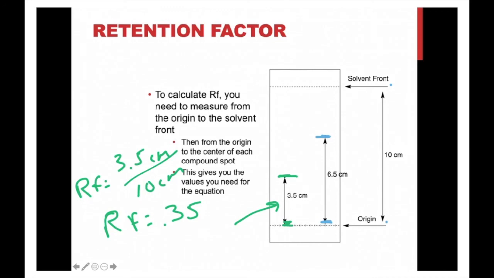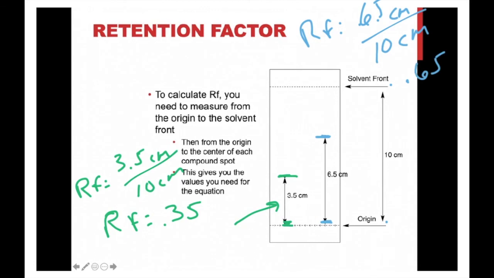RF is a unitless number because both numbers are in centimeters. Those cancel, so you're just left with a unitless number. For our blue thing, the RF is going to be 6.5 centimeters divided by 10 centimeters, and that's going to be 0.65 for our RF for that other compound.